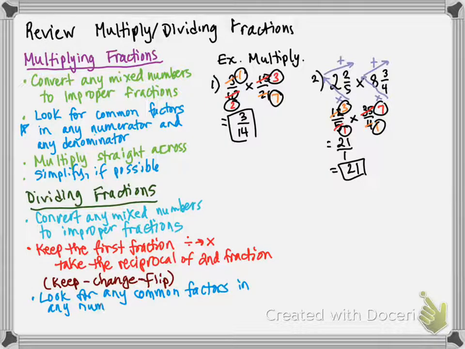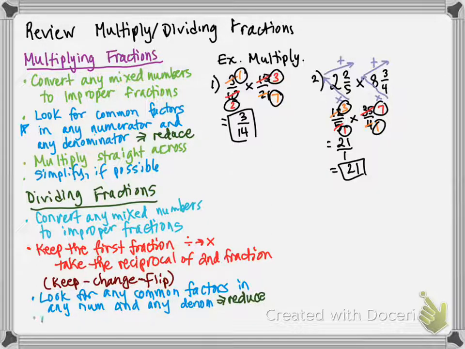So I'm going to say num and any denominator, so any denom. I didn't use the word before. This is what we call reduce or simplify. I'll go back and write it up at the top too. Reduce or simplify. And then we're just going to continue the path.